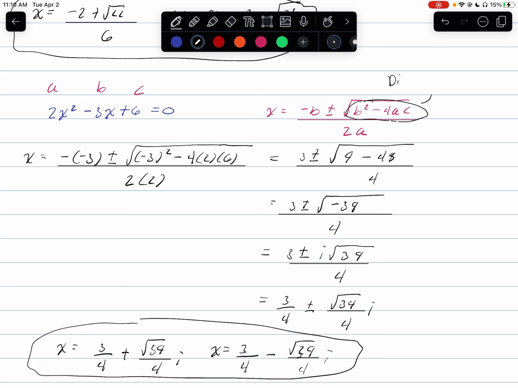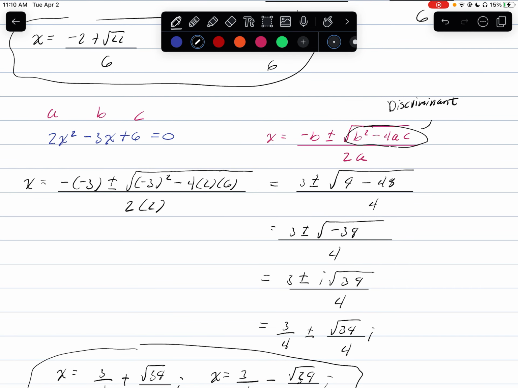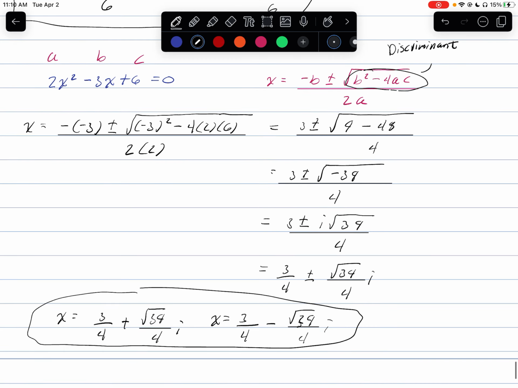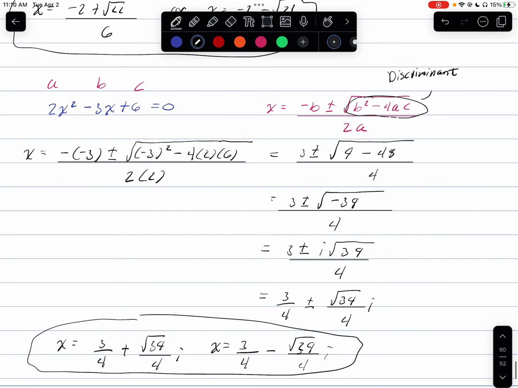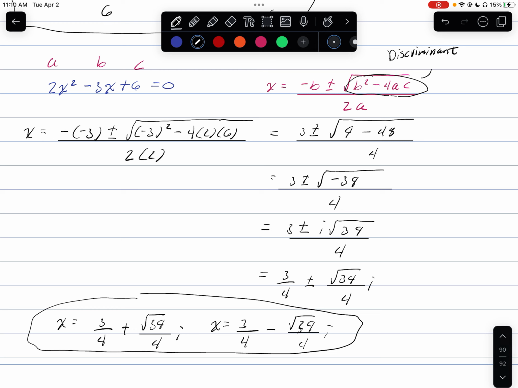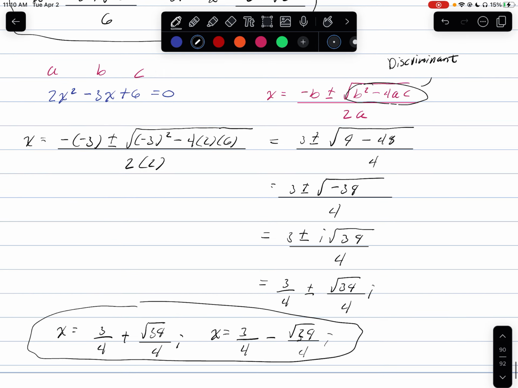So if you want to figure out if you're going to have complex solutions or real solutions, you can just take b squared minus 4ac and see if it's positive or negative. If it's positive, you're going to have real solutions. If it's negative, you're going to have complex solutions. So just a little fact with that. It can be very helpful with determining what types of solutions you're going to have. Just that little piece of information, b squared minus 4ac.